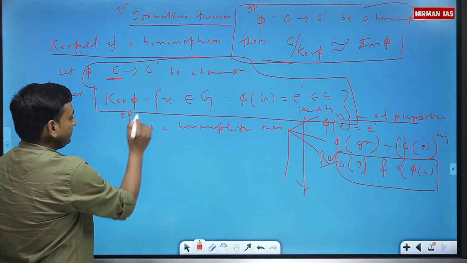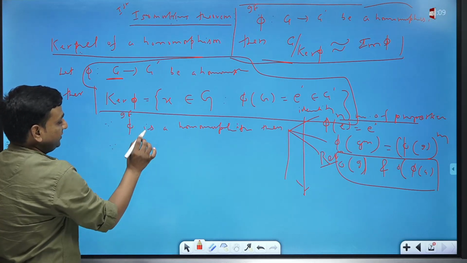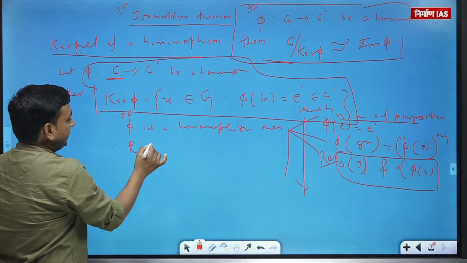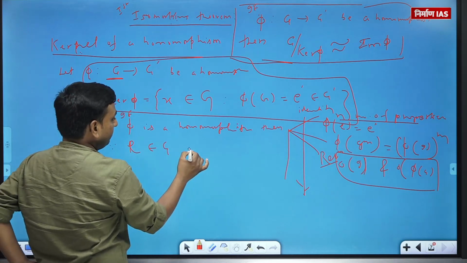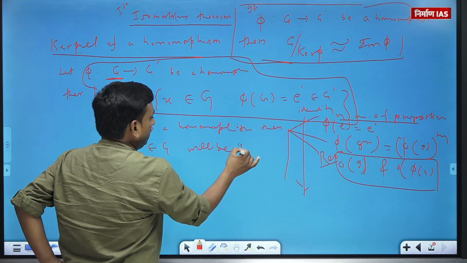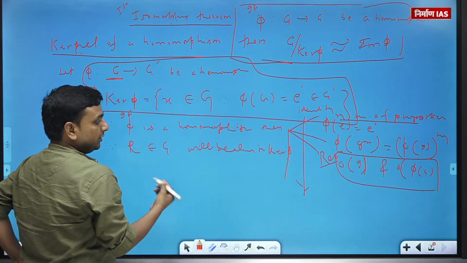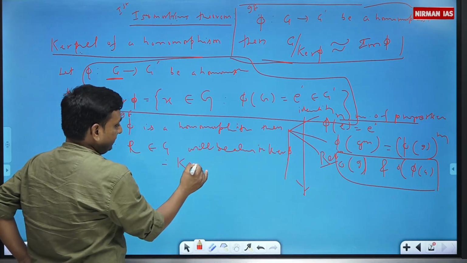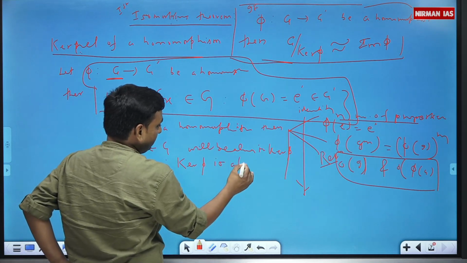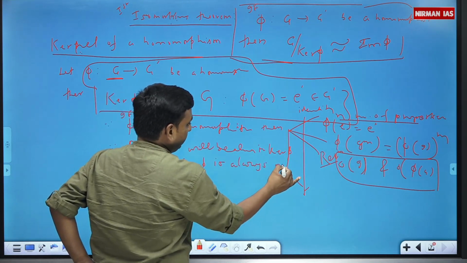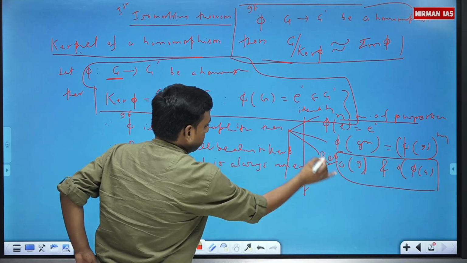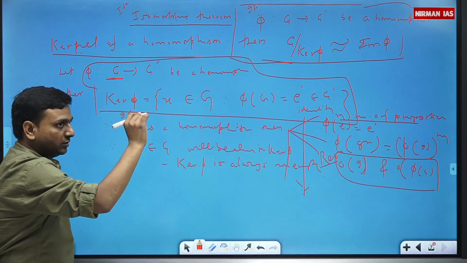Back to the point. Since phi is a homomorphism, the identity element of G will always be in ker phi. So ker phi is always non-empty. Any doubt?